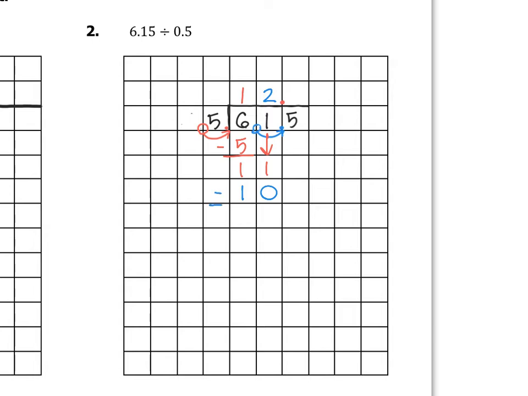I subtract and again I get a 1. And now I'll bring down my 5 to get 15. 5 will go into 15 3 whole times, so we place a 3 in our tenths place to the right of the decimal point, and 3 times 5 is exactly 15. So we're done dividing, and the answer here is 12.3.